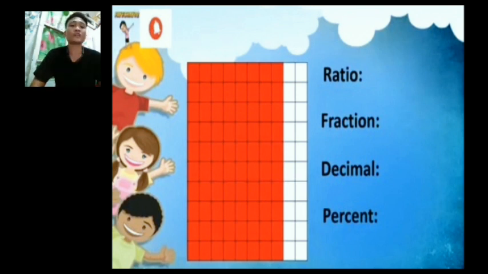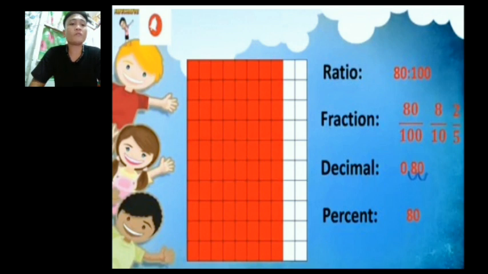Change into fraction: 80 over 100, or simplified, 8 over 10 or 4 over 5. Change to decimal, we move the decimal point to the left, so it becomes 0.80. And next, change to percent, move to the right. So 80%.